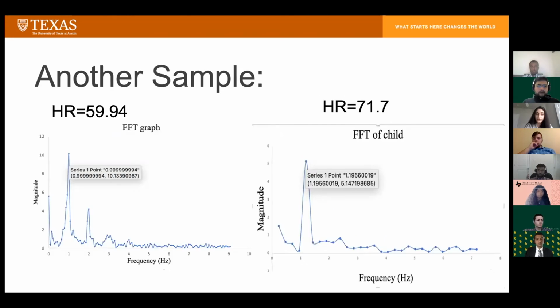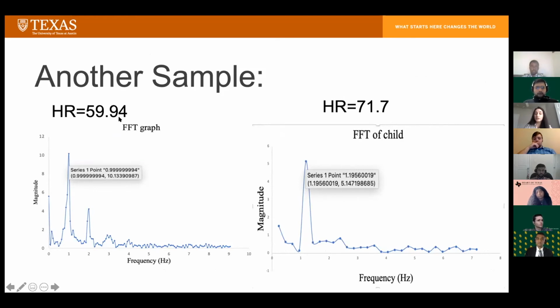We also performed more samples on the child, and also at a different time on the 40-year-old man. We can see that here the X coordinate is 0.999, and by multiplying that by 60, the number of seconds in 1 minute, we get a heart rate of 59.94.